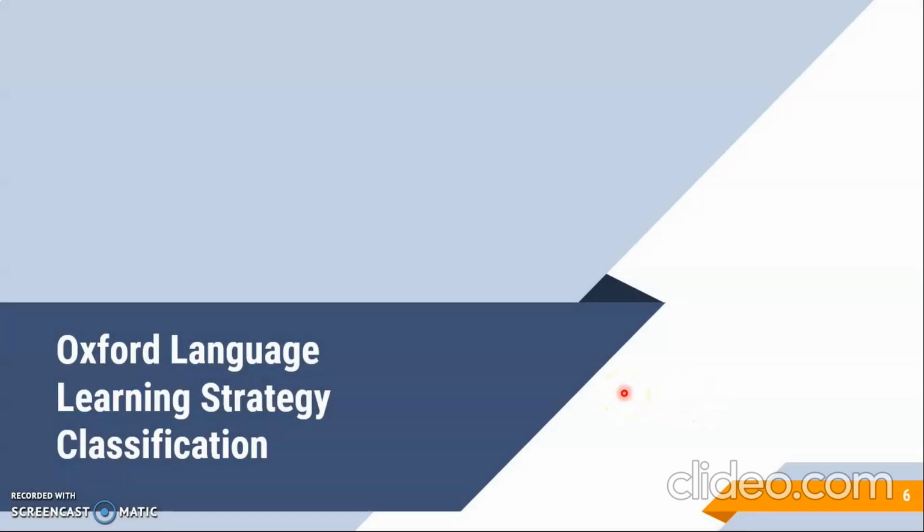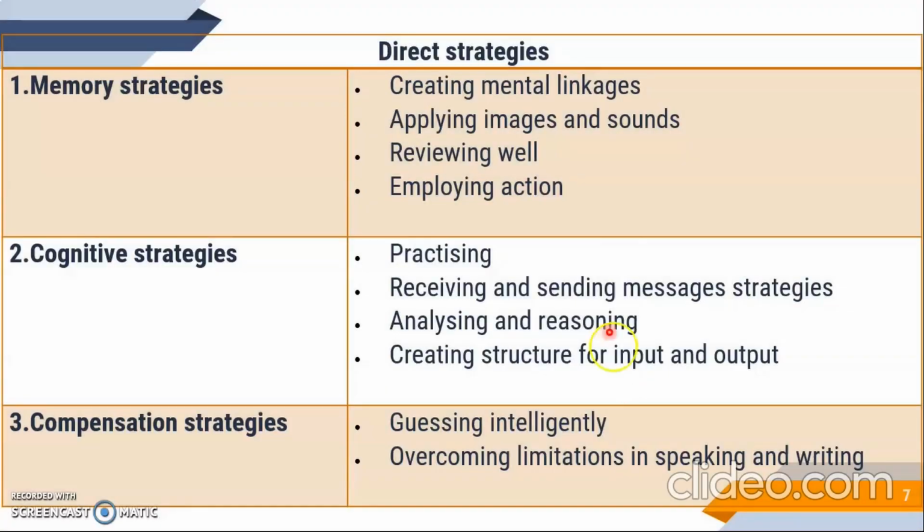As I mentioned just now, Oxford divides the language learning strategies into two main classes. Under direct strategies, there are three strategies, which are memory strategies, cognitive strategies, and compensation strategies. I will explain this in short.